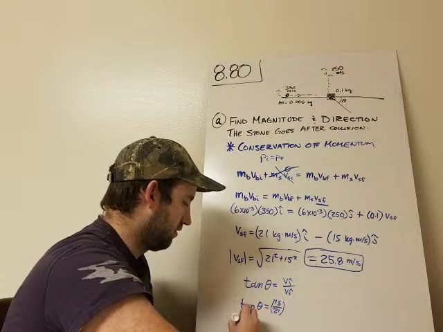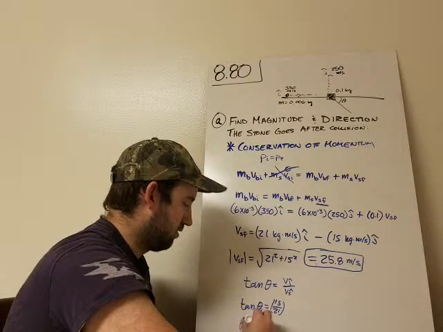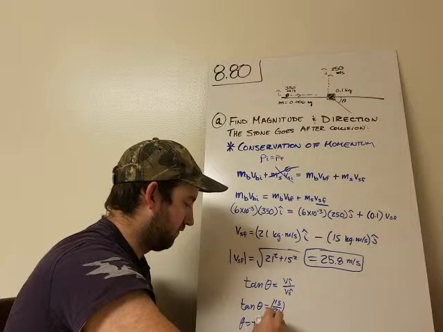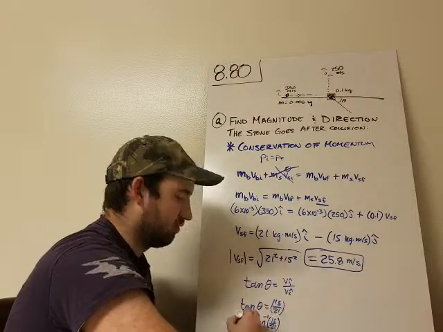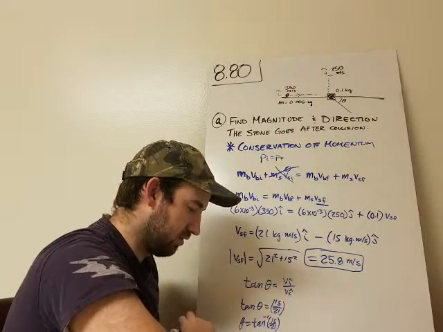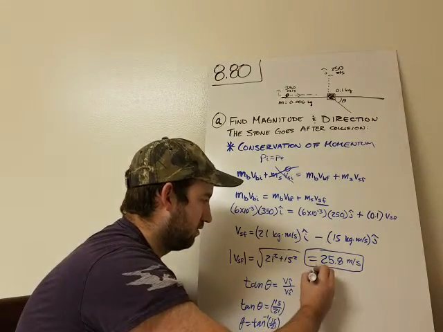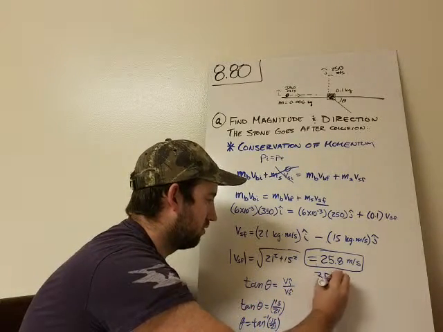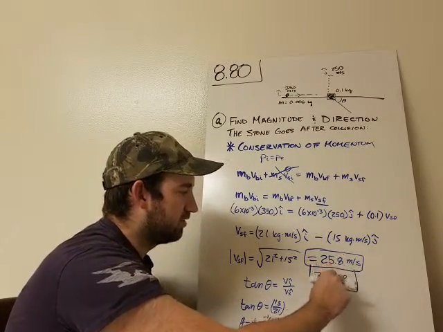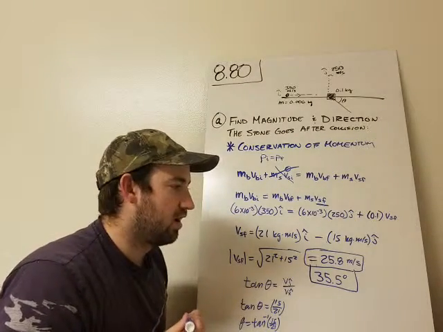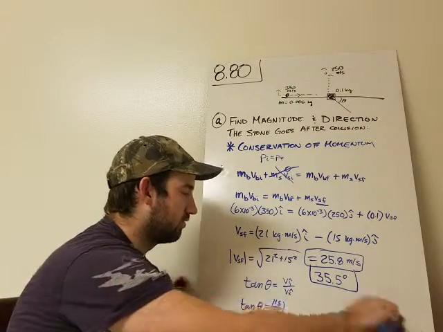So the inverse tangent of 15 over 21 is going to equal our theta, which is that angle. And so that direction ends up being 35.5 degrees. So that's our magnitude and our direction of that stone's movement.